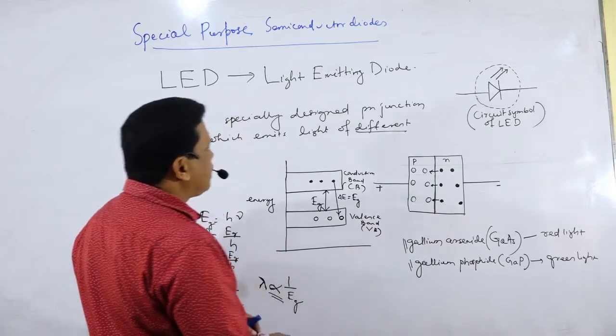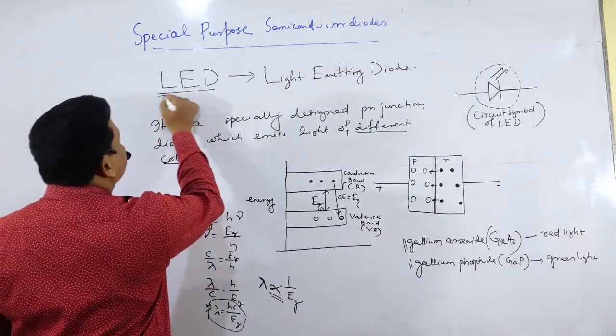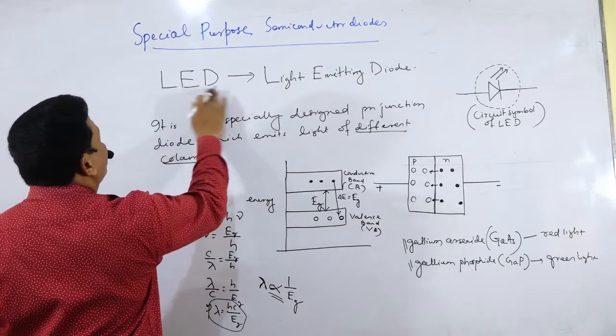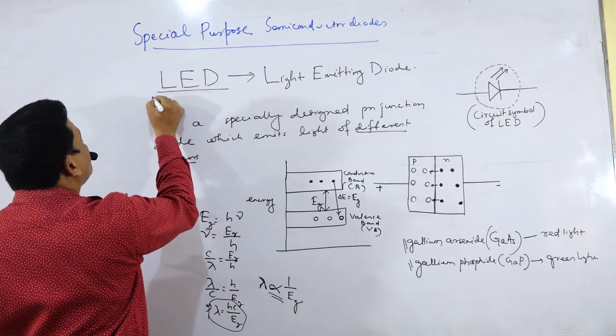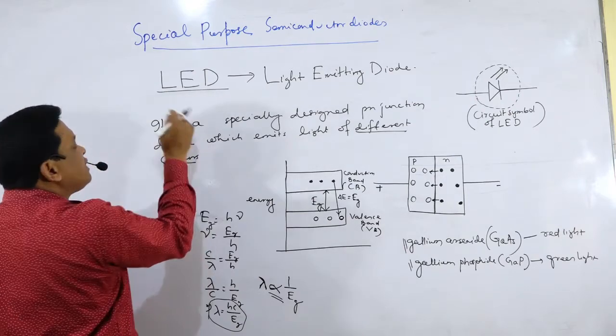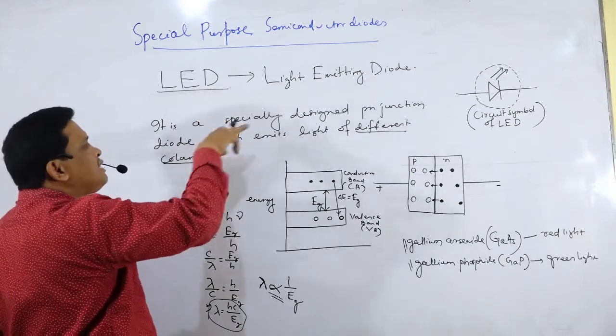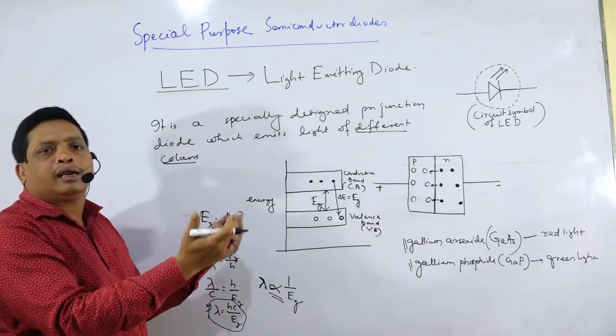Next one, what is the working principle? The working principle of LED is photoluminescence. That means when electric current flows through the LED, then it is emitting light.